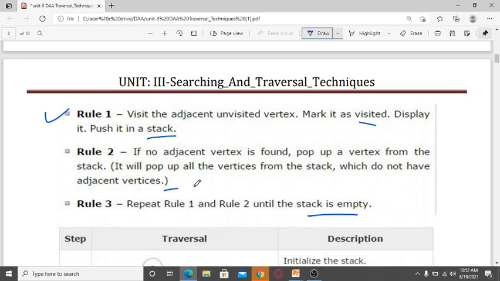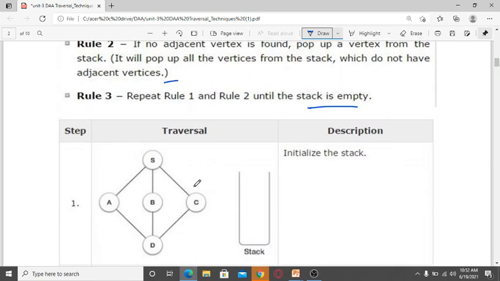Let's solve the problem. Step 1. I am taking this graph with vertices S, A, B, C, and this is my stack. First, initialize the stack.